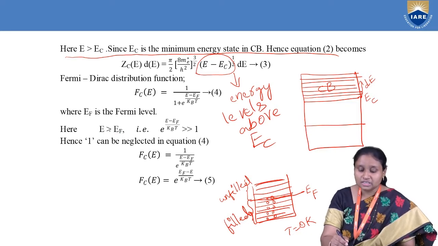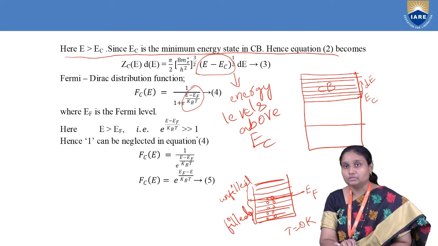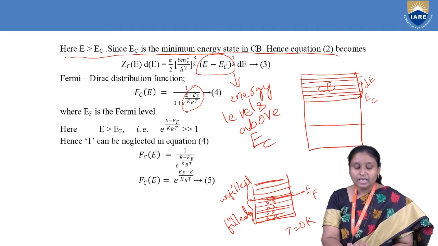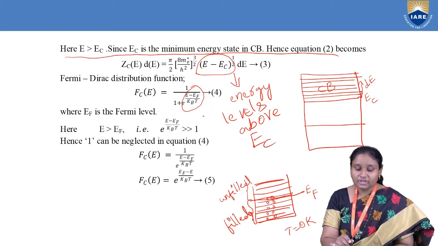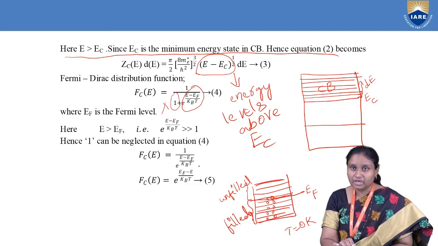So what you will observe here is that this total term will be very much greater than 1. Hence, we can neglect 1 in this equation for simplicity's sake. If we neglect this 1, then we are left with 1 divided by only the exponential term, which is e to the power of (E minus EF) by kBT.